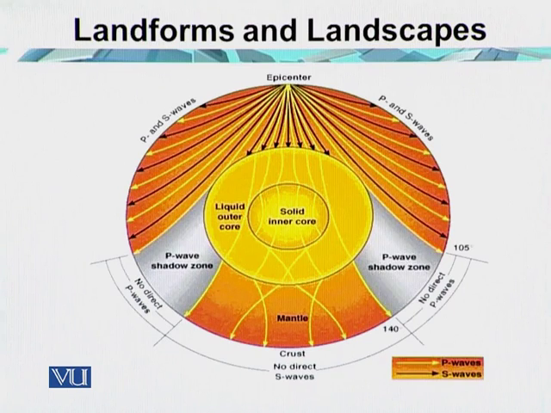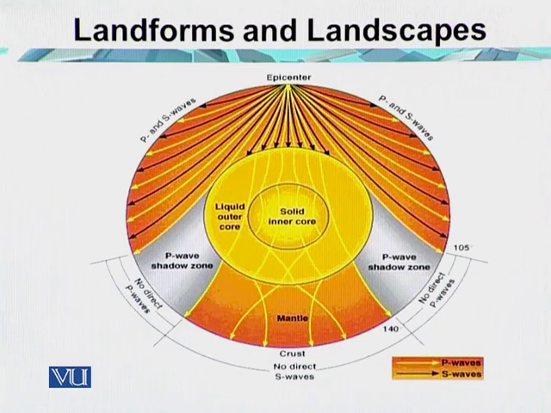Gutenberg in 1914 explained that this is a result of a molten core beginning at a depth of around 2900 km. Shear or S waves could not penetrate this molten layer, and P waves would be severely slowed and refracted.